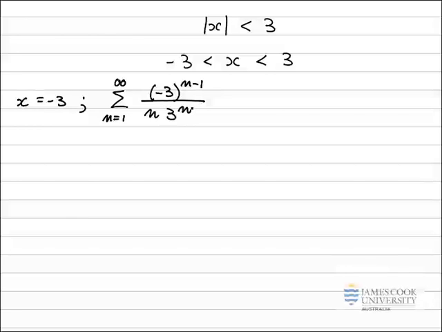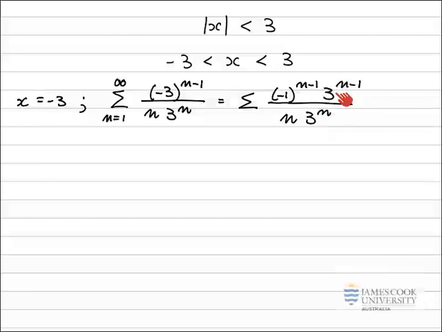This can be simplified by saying that that's equal to the sum of (-1) to the n minus 1 times 3 to the n minus 1. So just splitting up these factors into -1 times 3 on the top line. That's all being divided by n times 3 to the n, which now allows us to cancel some of the 3's.